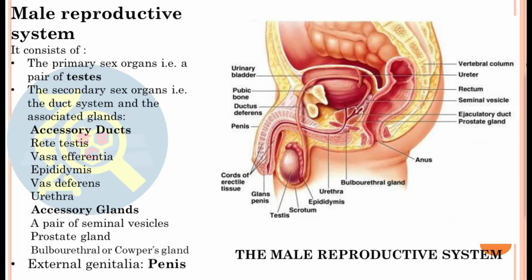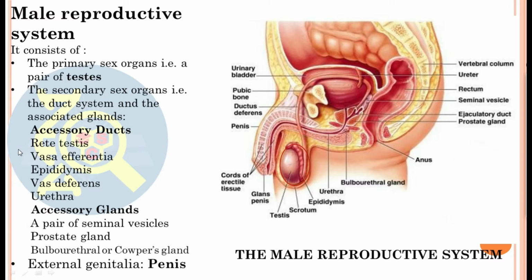Now, coming to the male reproductive system, the primary sex organ is the testis, this one. This plays an important role in the process of reproduction. Apart from that, there are also some secondary sex organs which help in the reproduction process, and this includes the accessory ducts and the accessory glands.